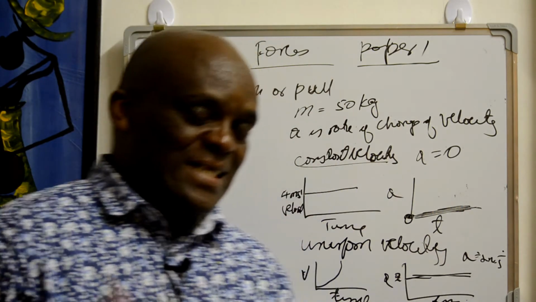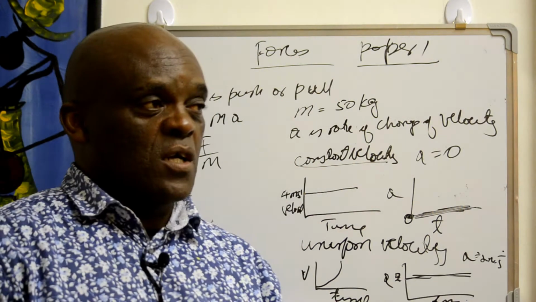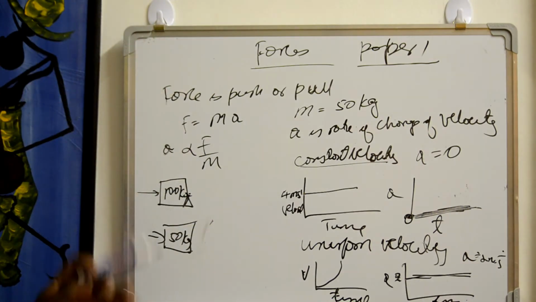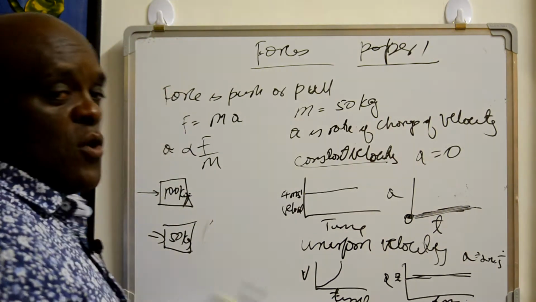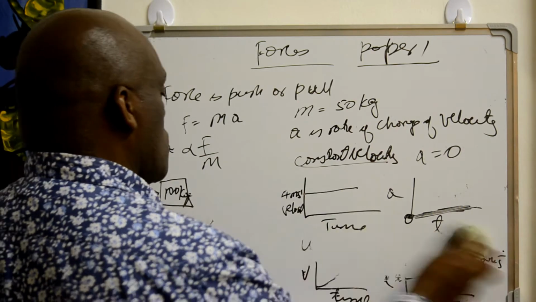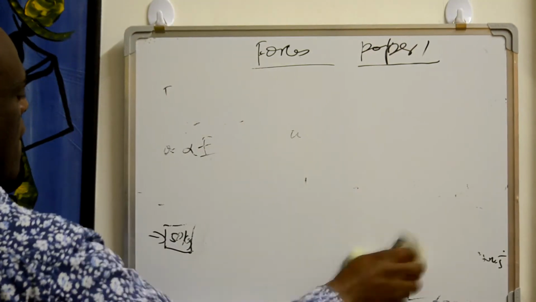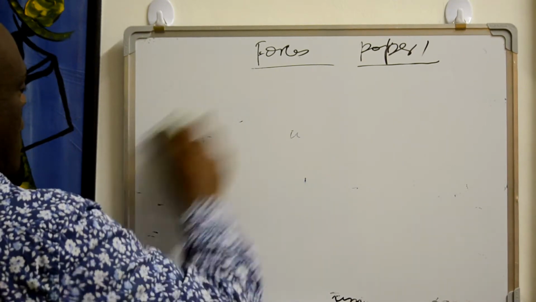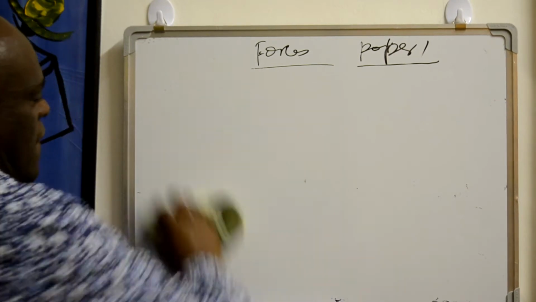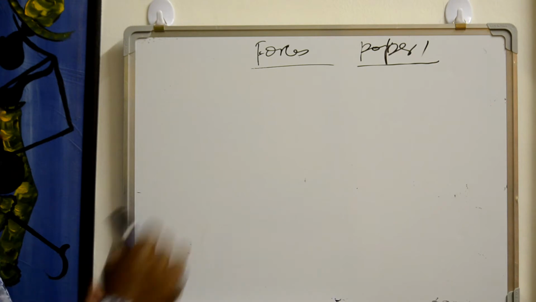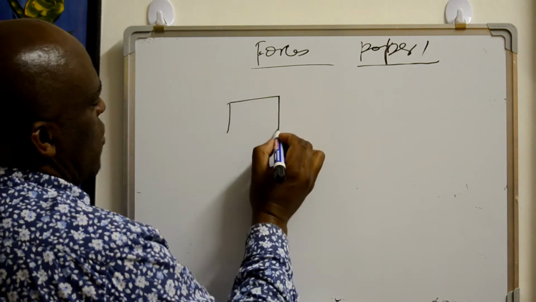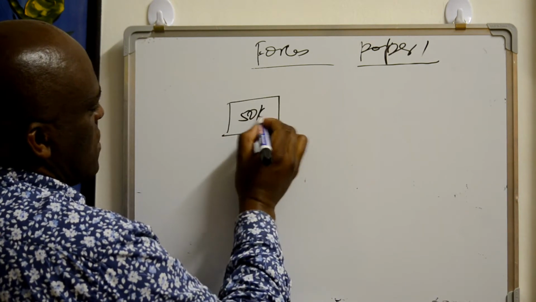Now let me exactly come to physics, the proper context in terms of grade 12. May you allow me to erase this. Okay. In pushing the box, let's say you have a box. I will also refer to a 50 kg box.